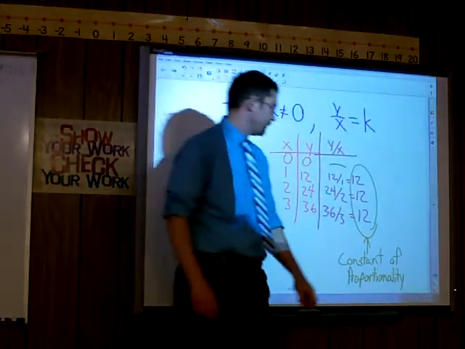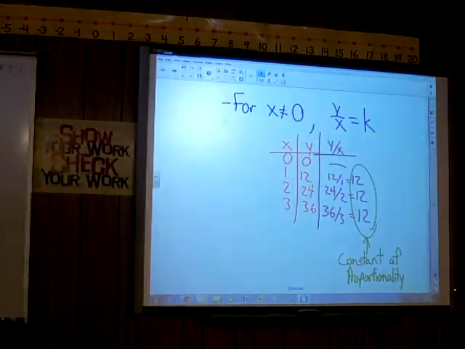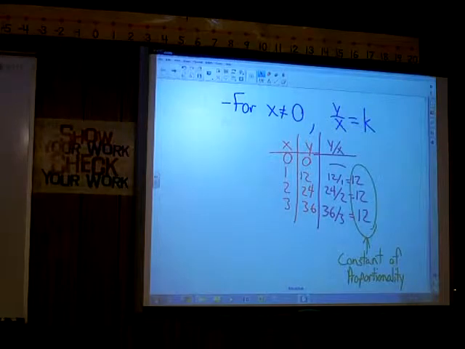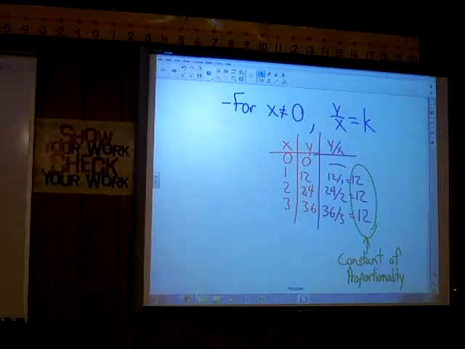That's how we can tell if something is directly proportional, and that's also how we can find that constant of proportionality. So if you're given a number of ordered pairs and you're asked, hey, what's the constant of proportionality?